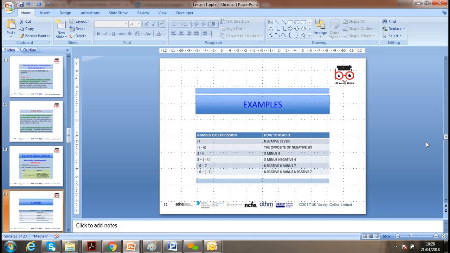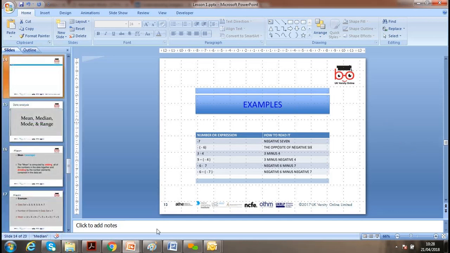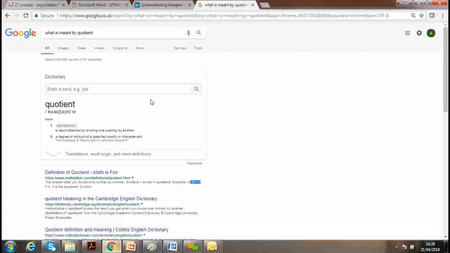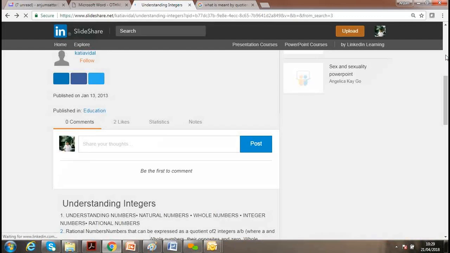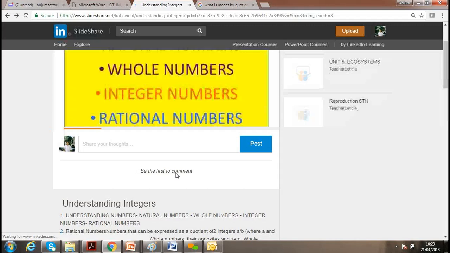Negative numbers, can we add them together as well? We'll go through the next few slides. Any question? No, sir. Today's lesson is very basic. We will just go through the mean and some other numbers.